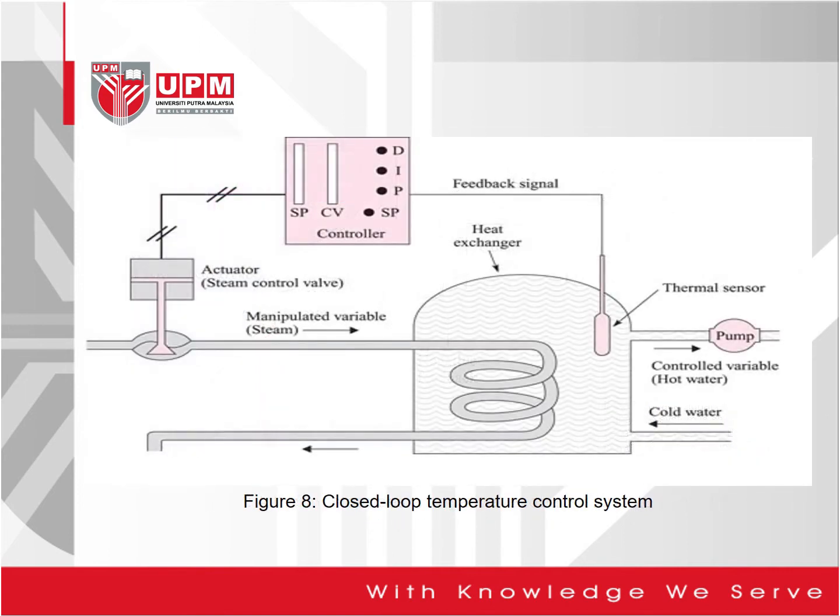This figure shows the closed loop temperature control system. As you can see from the figure, the feedback signal is introduced because this is an application of a closed loop control system.